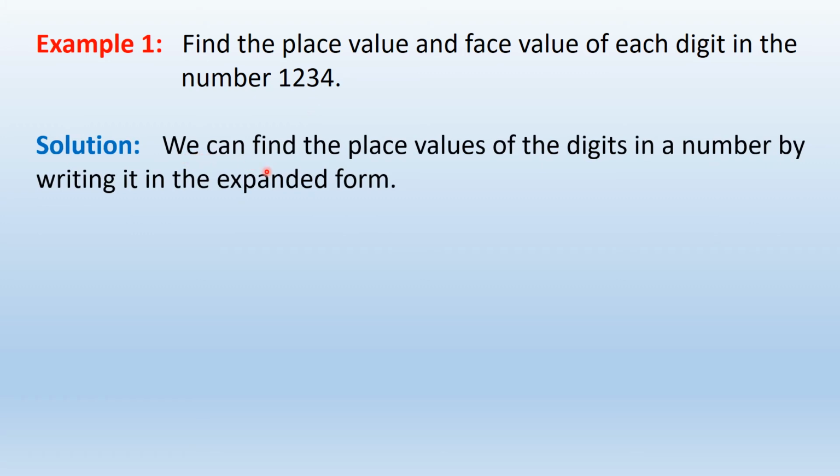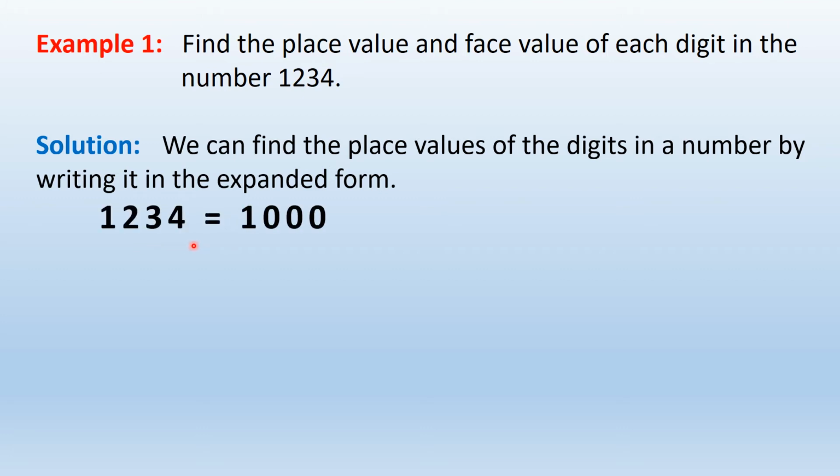Solution. We can find the place values of the digits in a number by writing it in the expanded form. So we learned the way of writing the expanded form of a given number in today's session. And now we will find the place value by writing the number in expanded form.